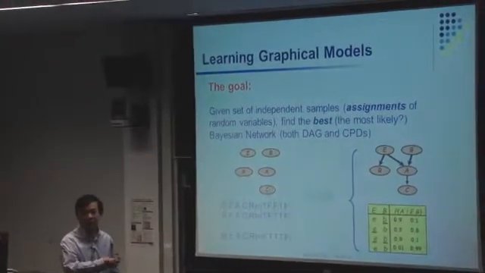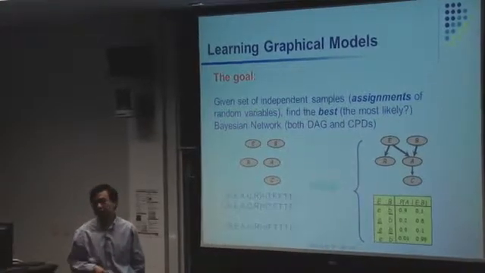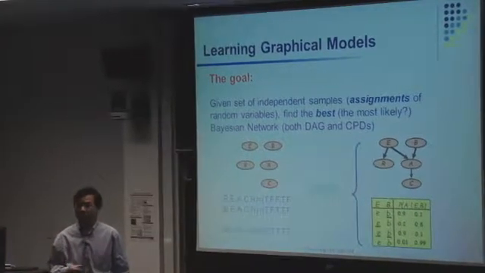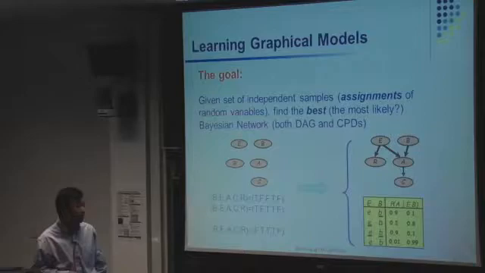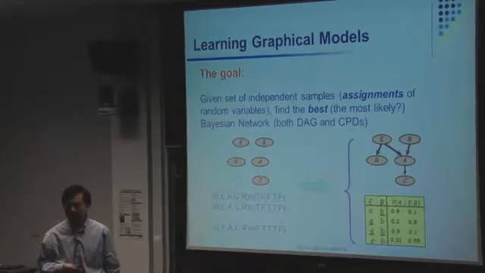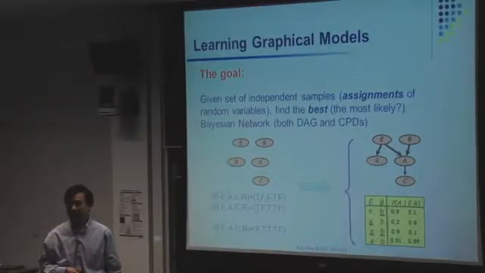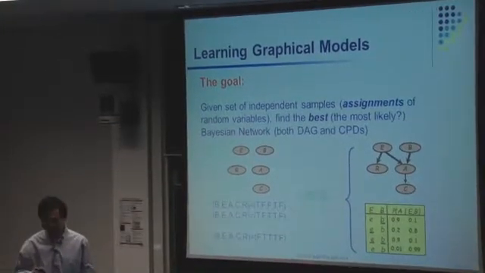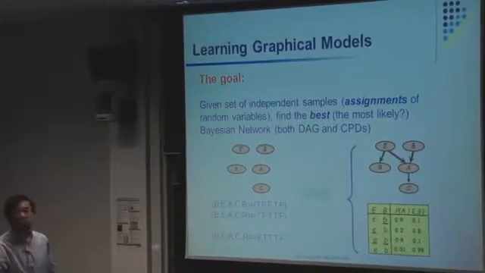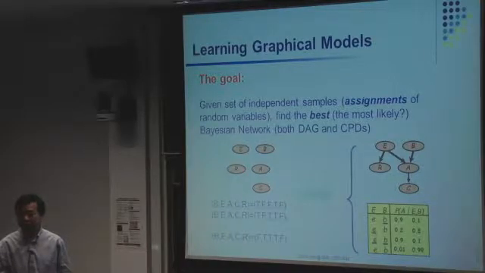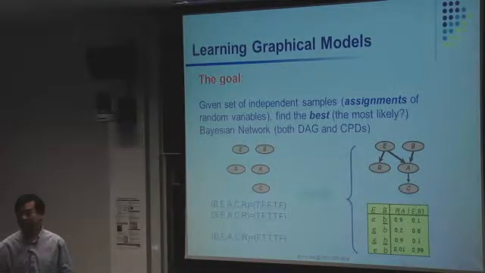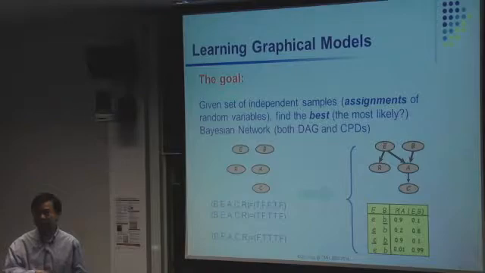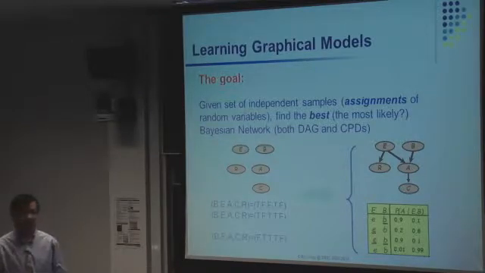In the past few lectures, we talked about, given a graphical model, how can we do inference, right? And now we discuss, given only the data, how can we obtain the proper graphical model? The whole setup is like this. Of course, we should bear in mind that we have already named random variables, turning them from natural names into notation like A, B, C, D, or X1, X2, X3.